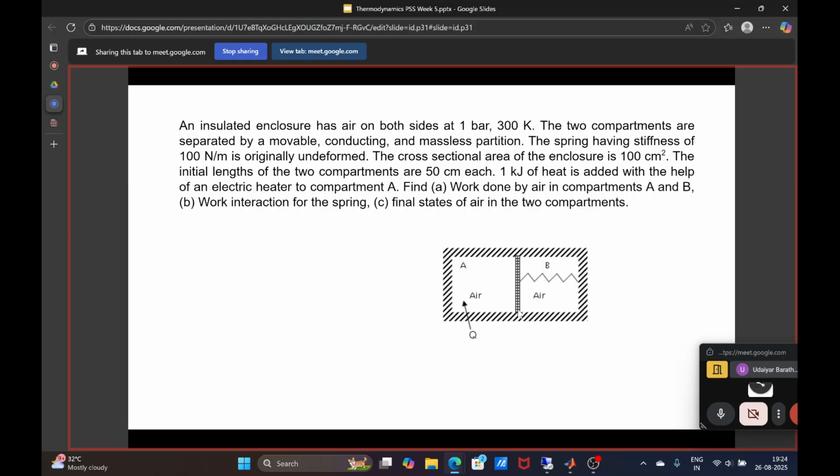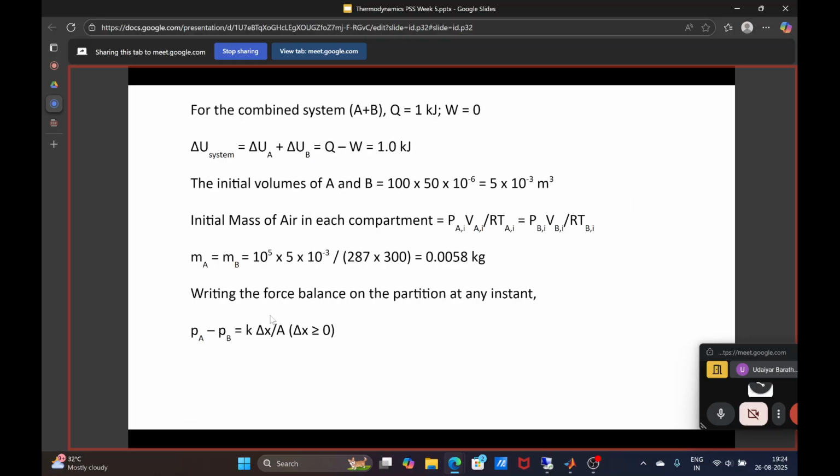If this partition were not conducting, the internal energy of A would rise, it would exert pressure on B, and the spring would get compressed. Since it was conducting, the equations became contradictory.